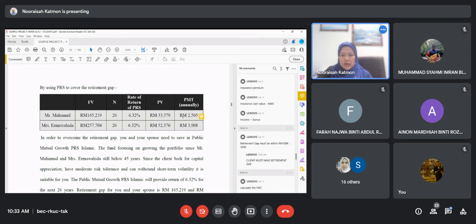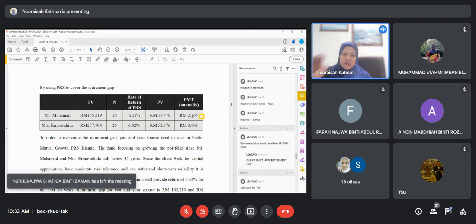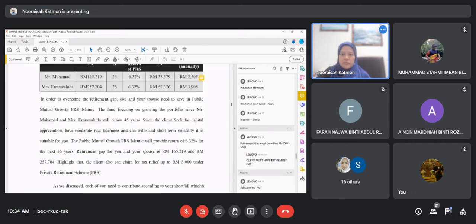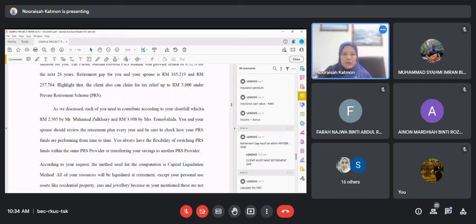So in this case, the husband can claim all 2,505 because the maximum tax relief is 3,000. But Mrs. Emma Wahida can only claim up to 3,000 because that is the cap for the tax relief claim.